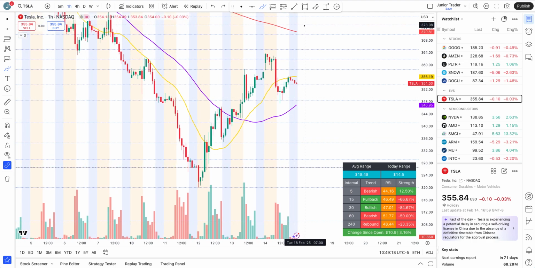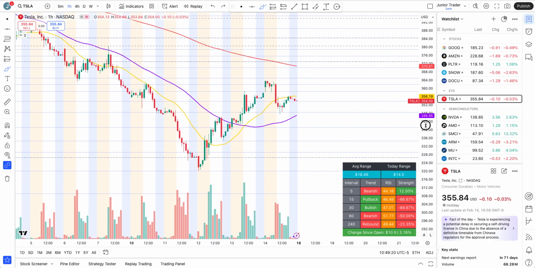But for that, we need to take out multiple levels of resistance at the top that we are getting to: the 373 area, the 200 hour moving average, and take out the potential of forming a lower high by breaking above 358.60. So a lot of legwork needs to be done for Tesla to turn the overall ship into a bullish structure, at least on the daily interval.